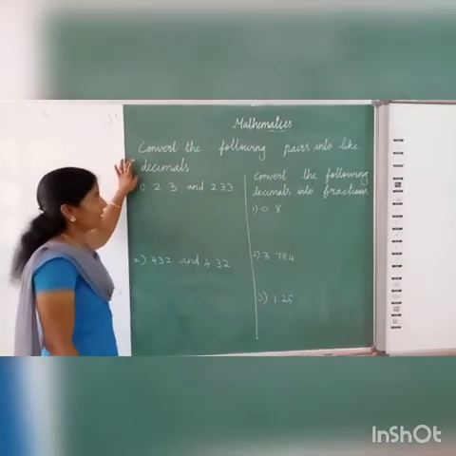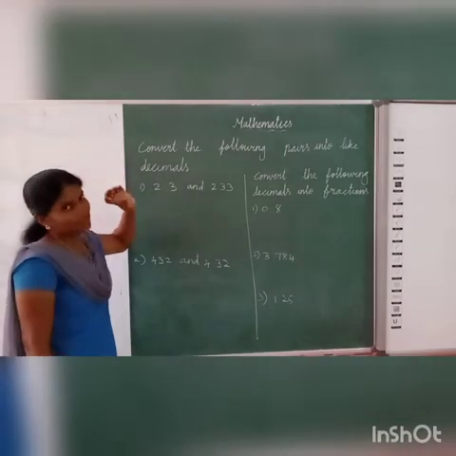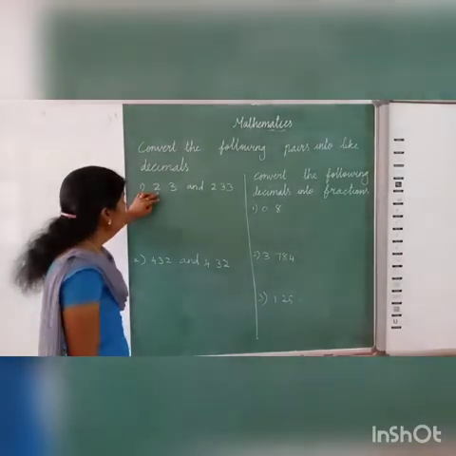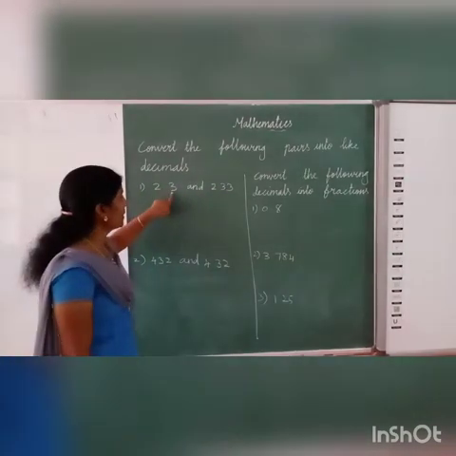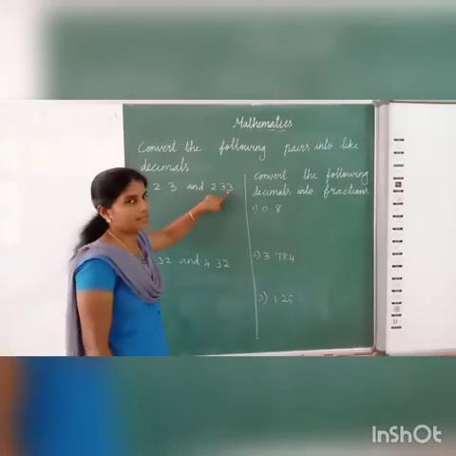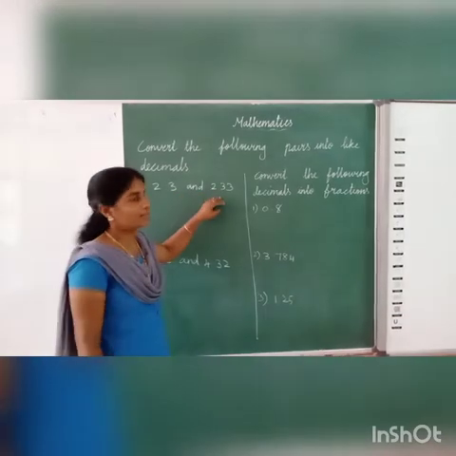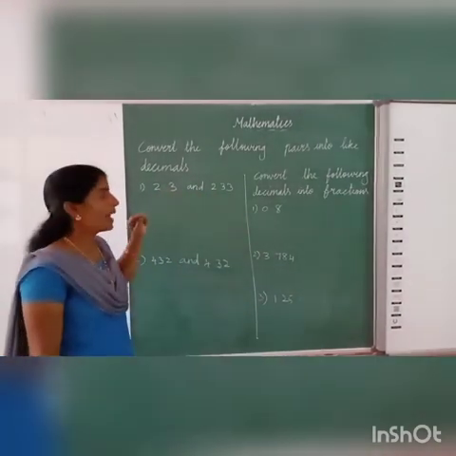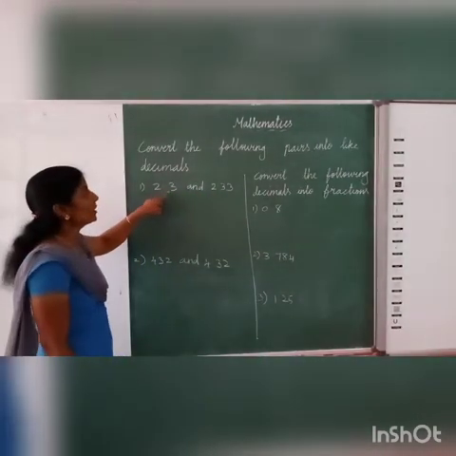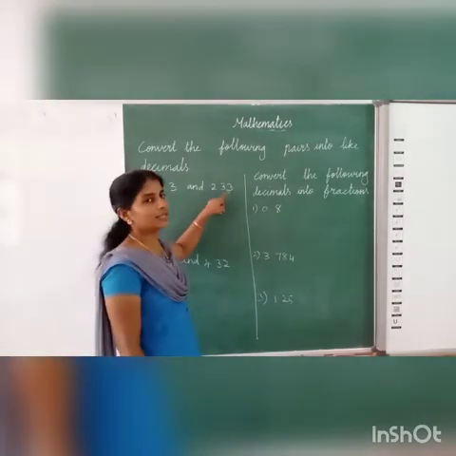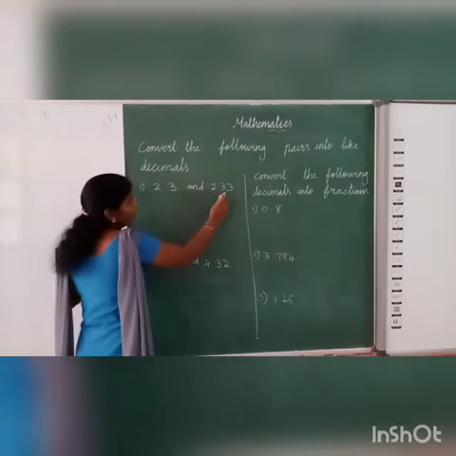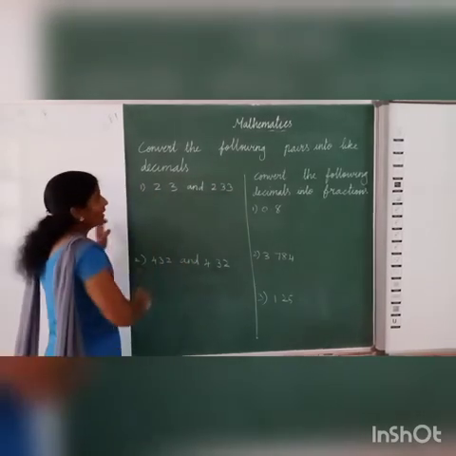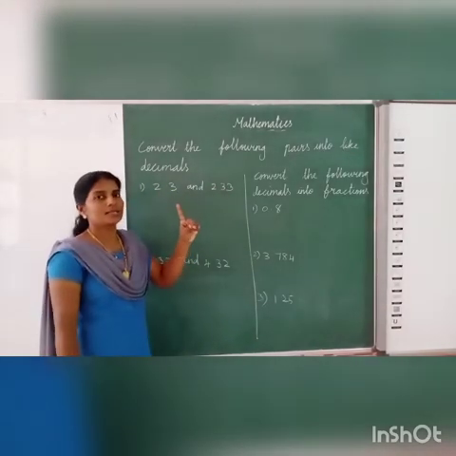Already we have learned about like decimals, isn't it? Now here 2.3 and 2.33. After the decimal point, here only 1 digit, here 2 digits. This is unlike decimals. Now we can convert into like decimals. Now listen here. Here only 1 digit, here 2 digits. We need here also 2 digits, isn't it?